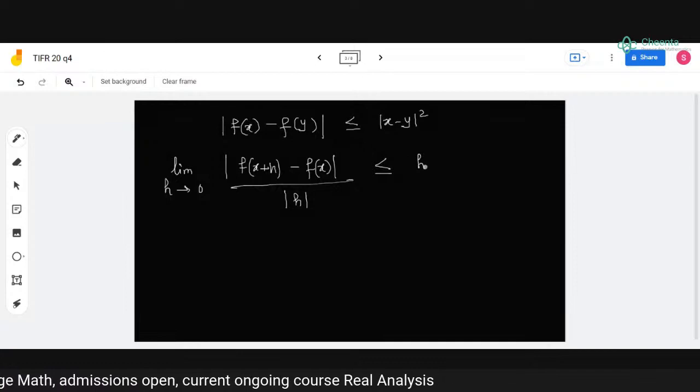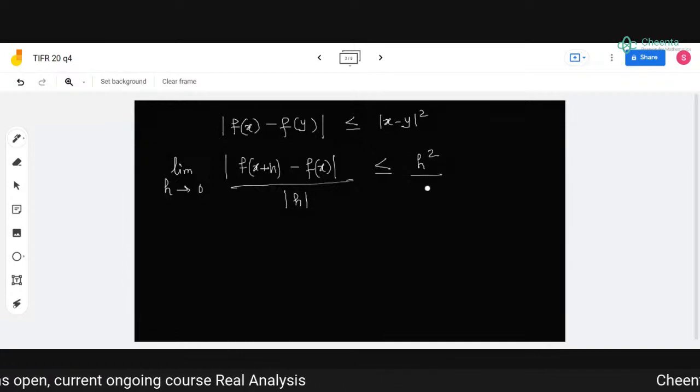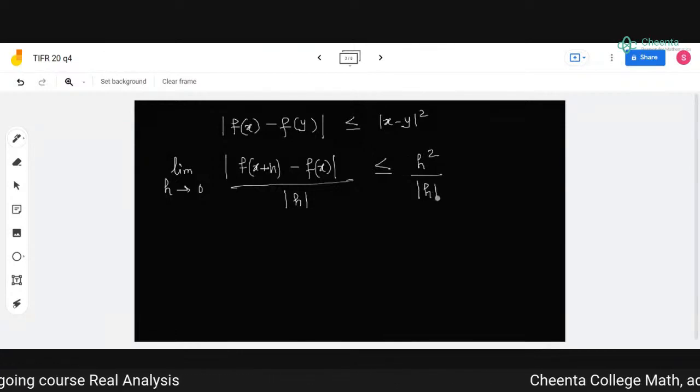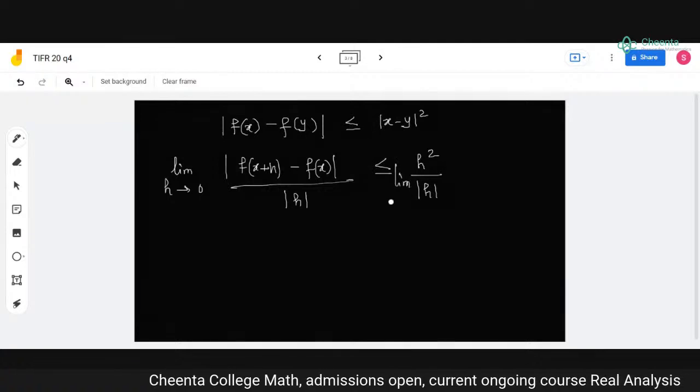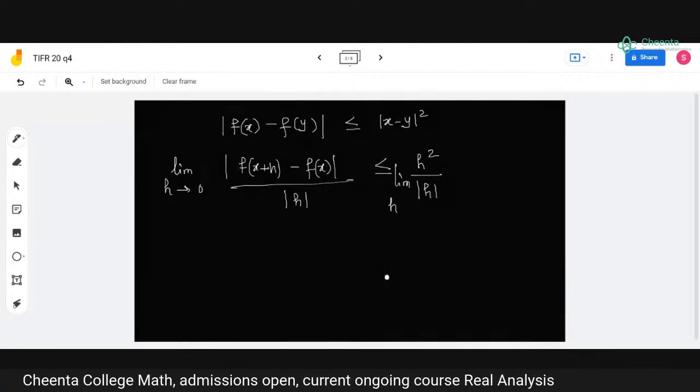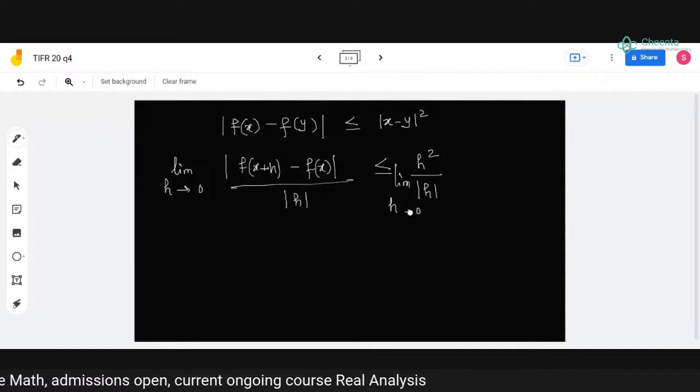So hence, if you get h whole square, then you get mod of h. All right. So from here, what you can say, so this will be limit h tends to 0.